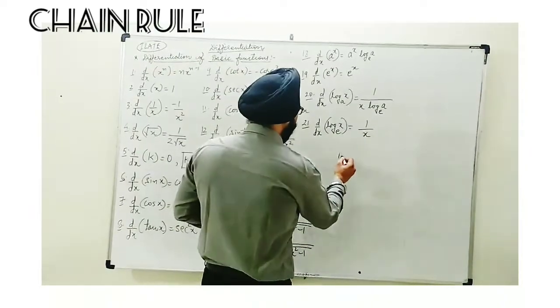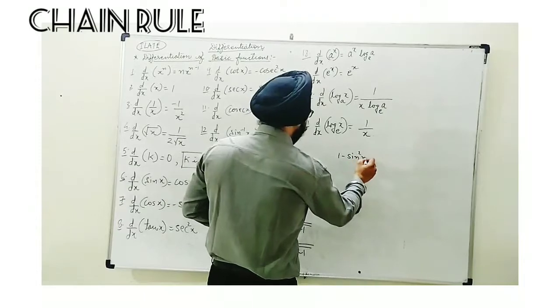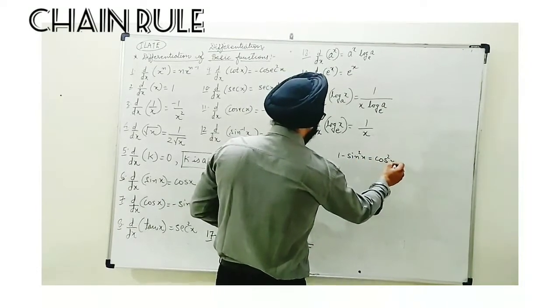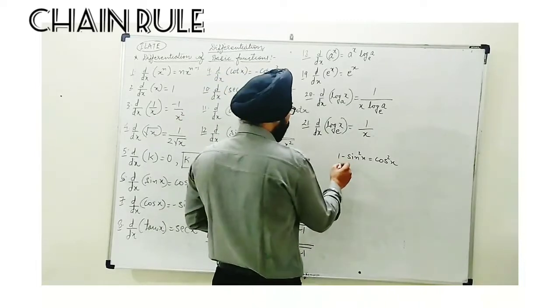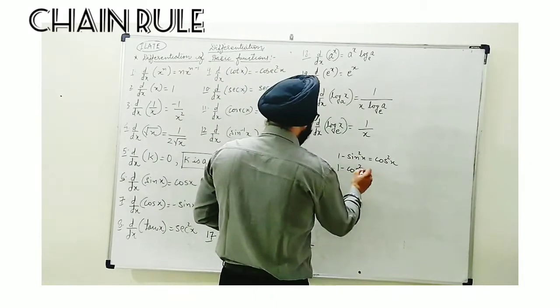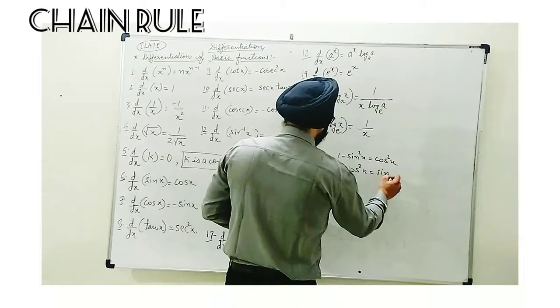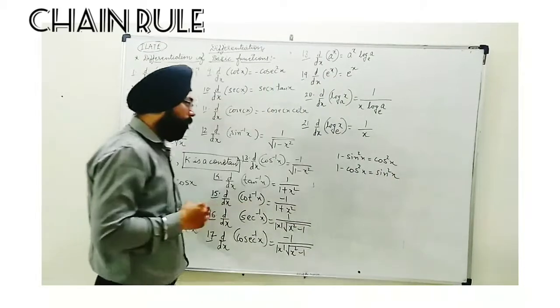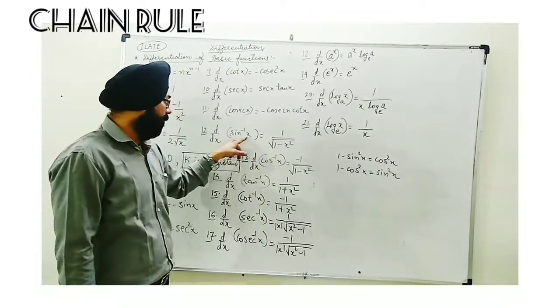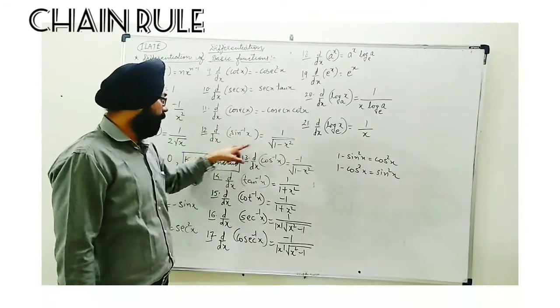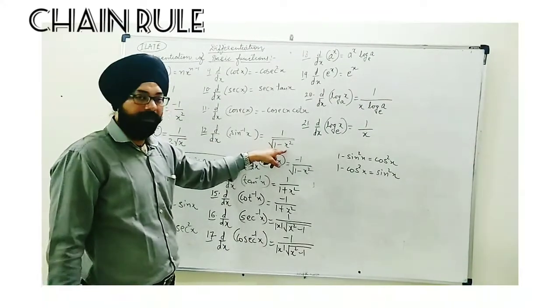What I mean to say, 1 minus sin square x is equal to cos square x. If you remember, earlier we saw Pythagorean identities, and 1 minus cos square x is equal to sin square x. So this way we can connect them. The pattern comes here: sin inverse x, its differentiation is 1 upon under root 1 minus x square.